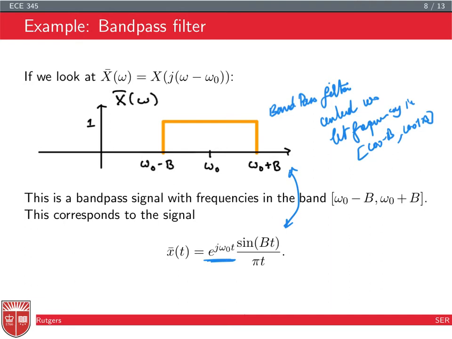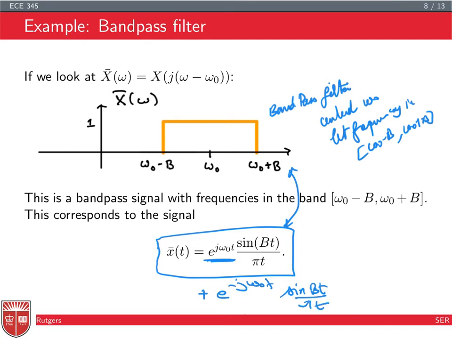Now this would be the solution if you want, but in practice we would like the signal to be real. So what we have to do is add the conjugate and multiply by 2. Adding the conjugate means adding e^(minus j omega 0 t) times sin(bt) over pi t, which gets rid of the imaginary part.